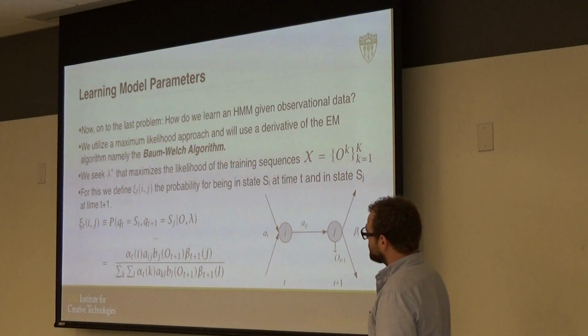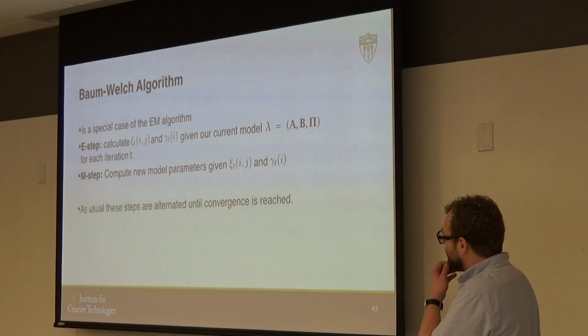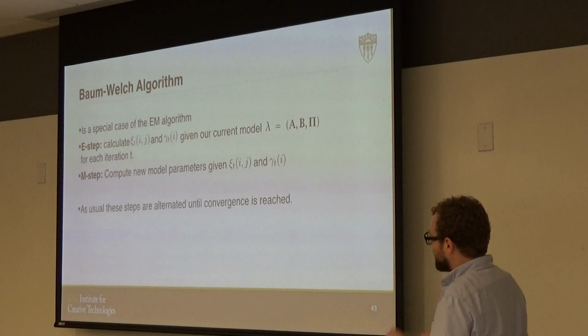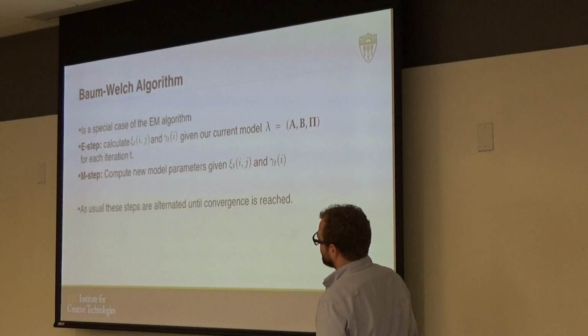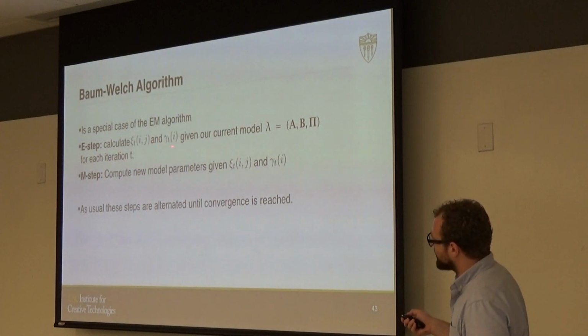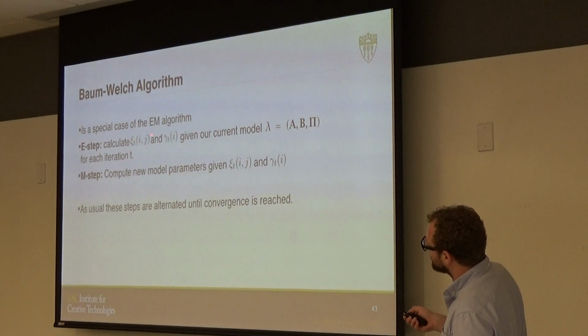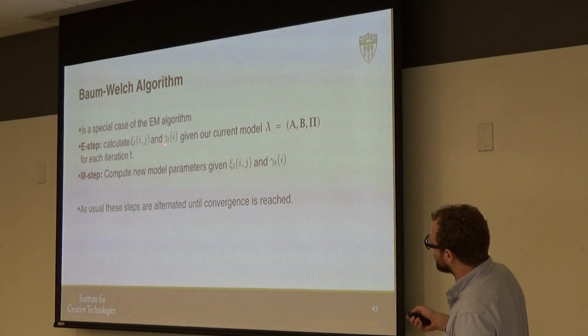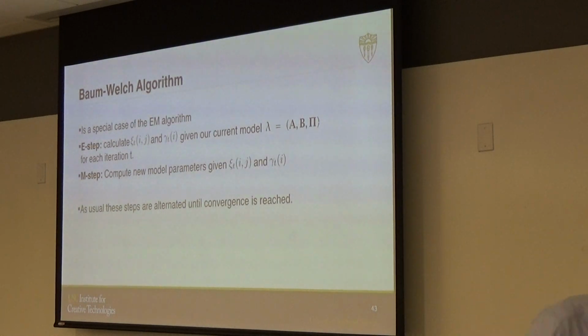The Baum-Welch algorithm is a special case of the expectation maximization algorithm that you might know, and we need to learn this chi and gamma. I think I have a slide on the gamma next.